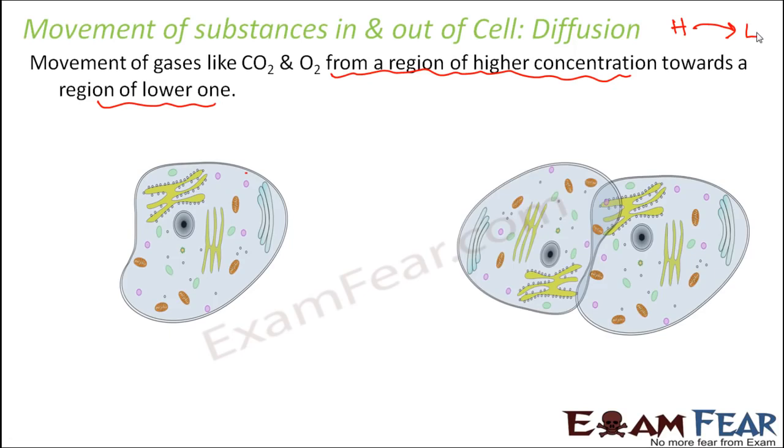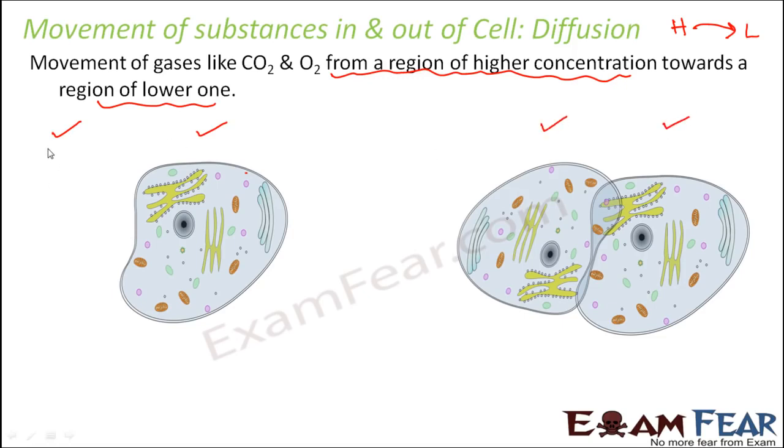Let us look at this example here. Suppose this is one cell, and there are two scenarios between which this movement will take place. One is between the cell and the external environment, and another is between two different cells.